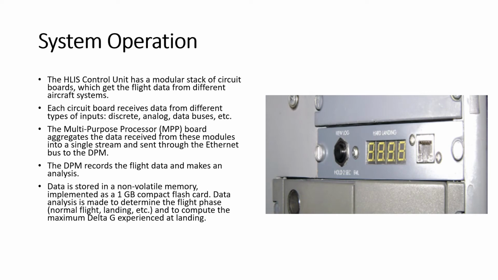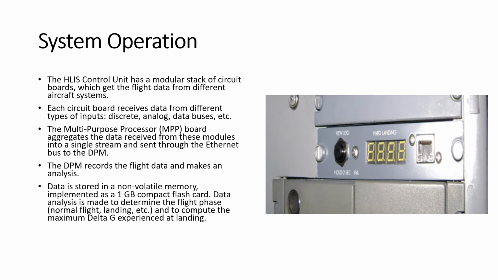So inside the control unit, there's a whole bunch of circuit cards, each getting flight data from various different aircraft systems. Each circuit board receives data from different types of inputs, be it analog, discrete, or data. The multi-purpose processor then aggregates all of that data received from all those cards into a single stream and sends it through the Ethernet connector to the DPM.